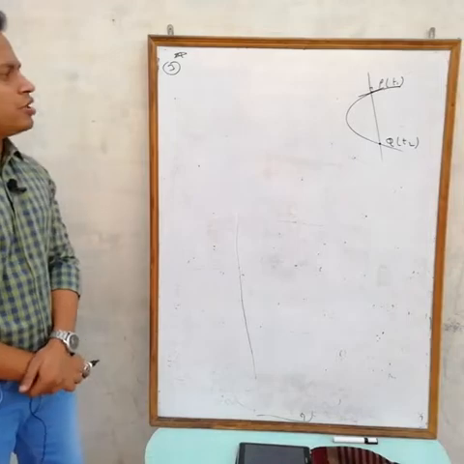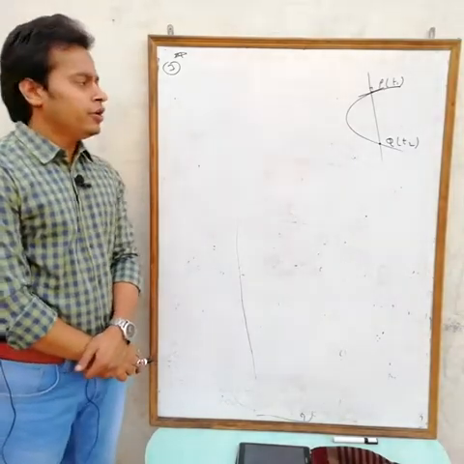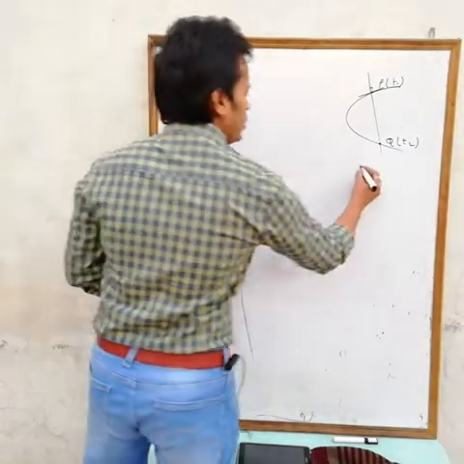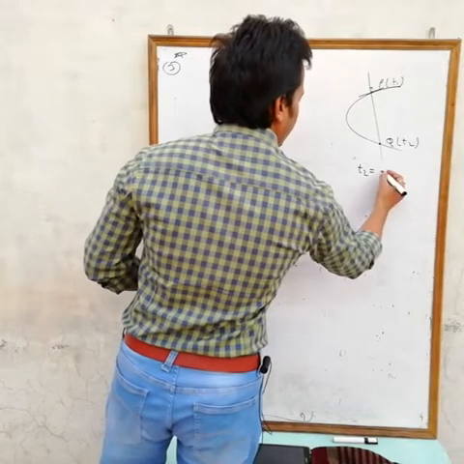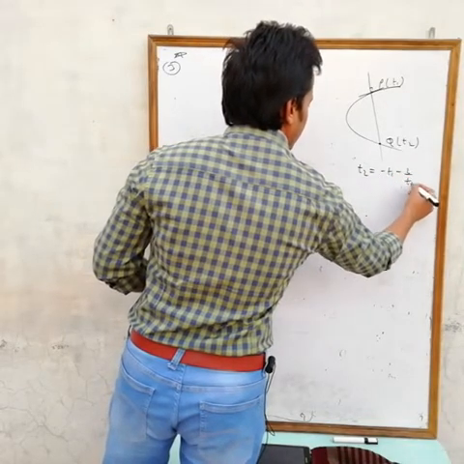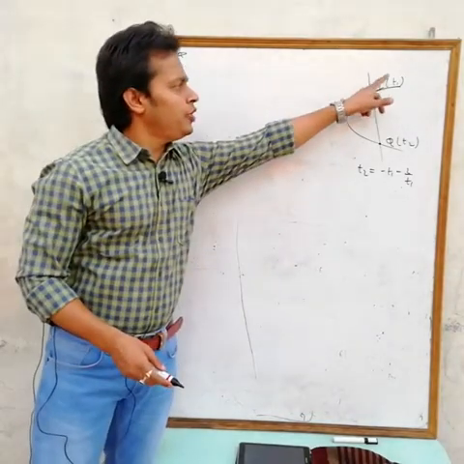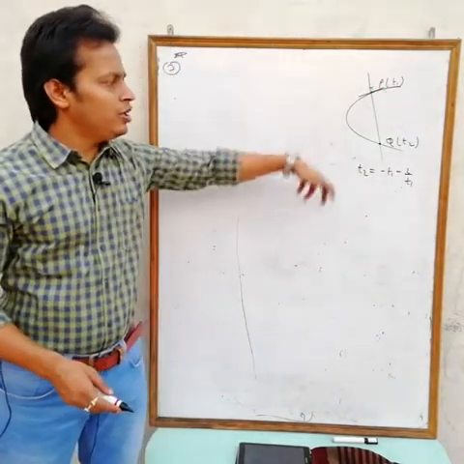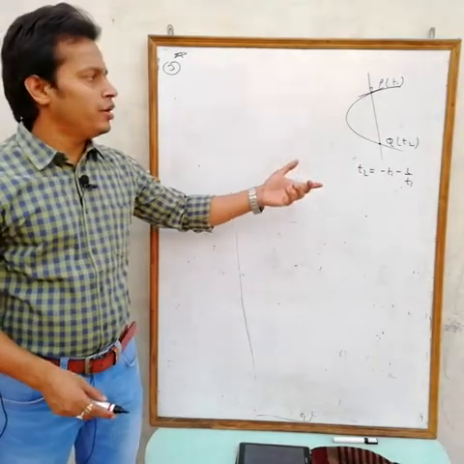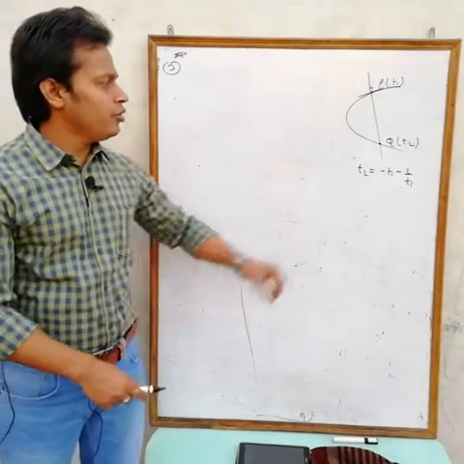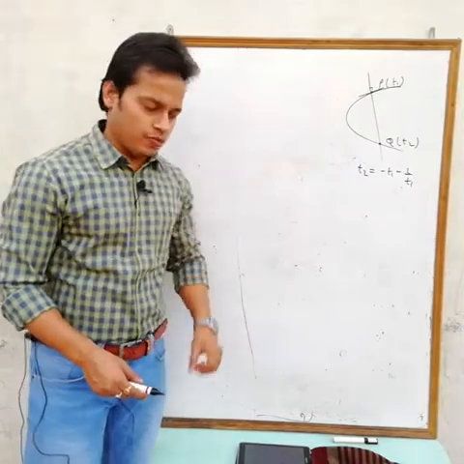Then we have a relation between T1 and T2. That relation is T2 equals minus T1 minus 2 by T1. If the normal at any point P T1 again meets the curve at T2, then the relation between T1 and T2 is T2 equals minus T1 minus 2 by T1.